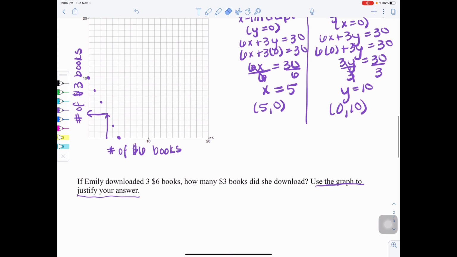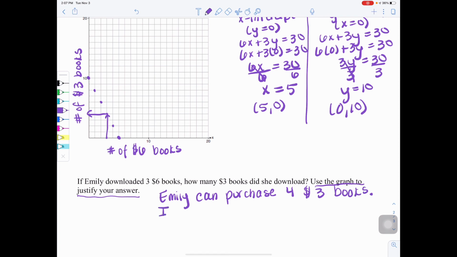So Emily can purchase 4 $3 books. And it says use the graph to justify your answer. So I'm able to do that because I can find the point 3, 4 on the graph. So I'm using the graph only to explain why I'm getting what I'm getting.